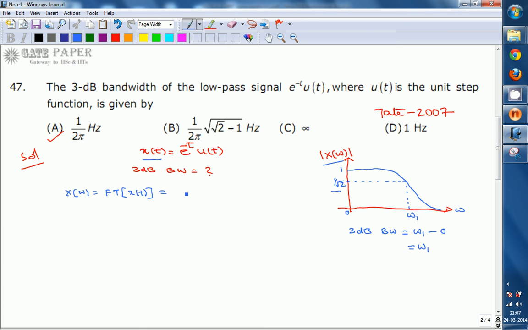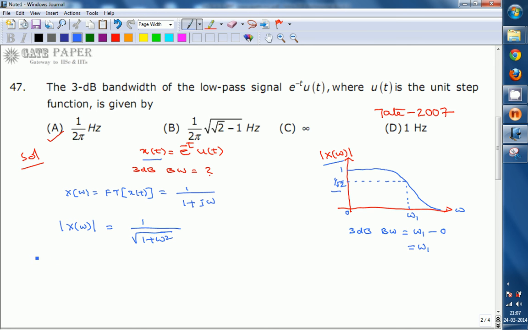We know that for e power minus a t u of t, the Fourier transform is 1 by a plus j omega, and here it is e power minus t, so a is 1, giving 1 by 1 plus j omega. Calculating the magnitude, mod x of omega equals 1 by square root of 1 plus omega square.